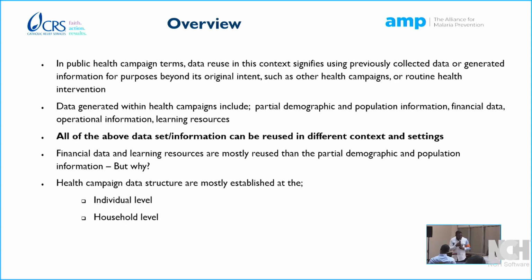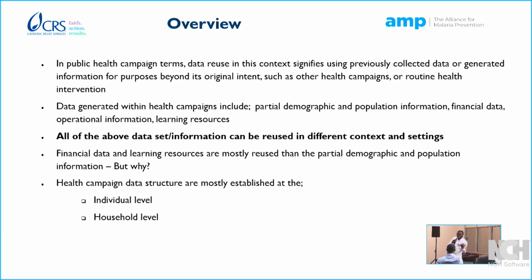So if I want to ask campaign managers: in the last campaign, health community workers were paid, let's say, $5 per day. If you want to do a new campaign, the first thing the LFA or your program team will ask you is, please, can we have the budget of the last campaign? And we just update it.